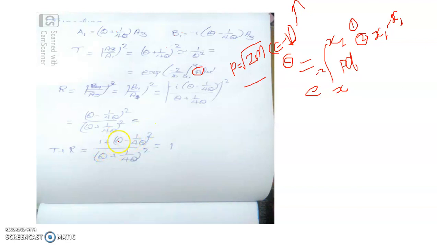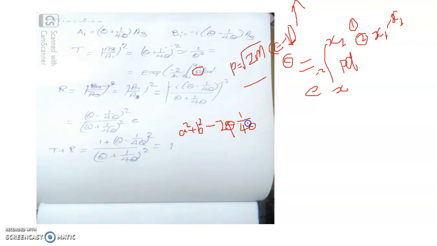Here A minus B whole square is theta square plus 1 by 4 theta whole square. The A square plus B square terms are theta square plus 1 by 4 theta whole square. Now you have minus 2AB, that is minus 2 into A is theta and B is 1 by 4 theta.